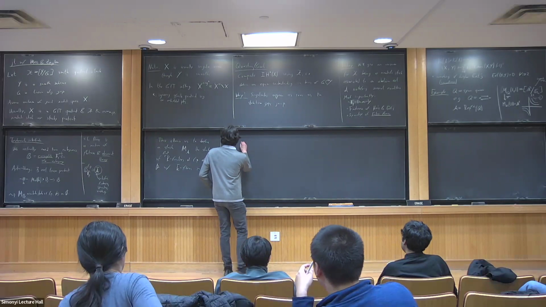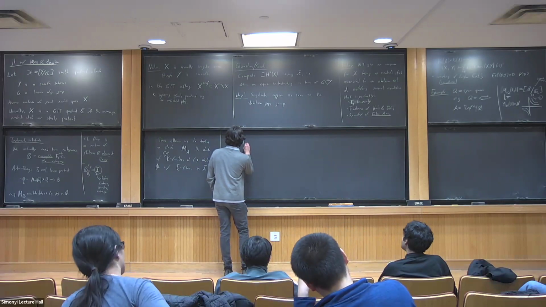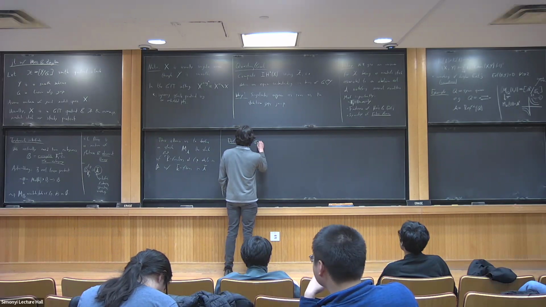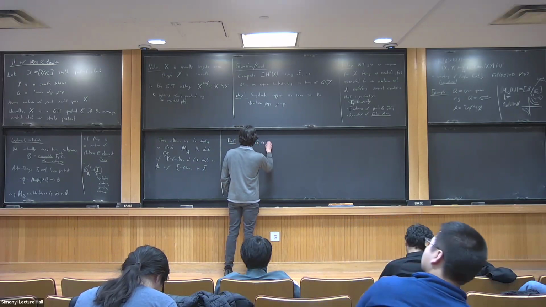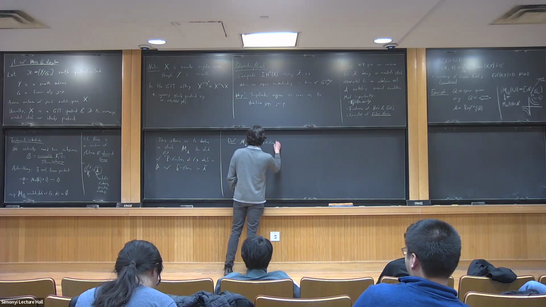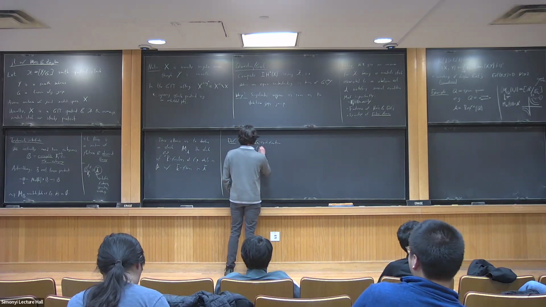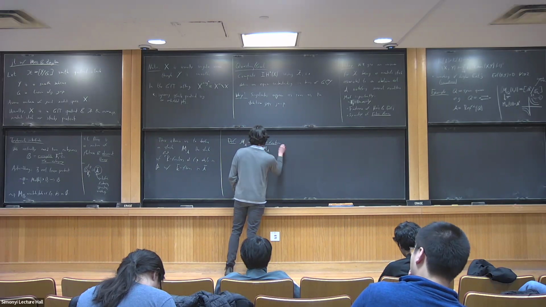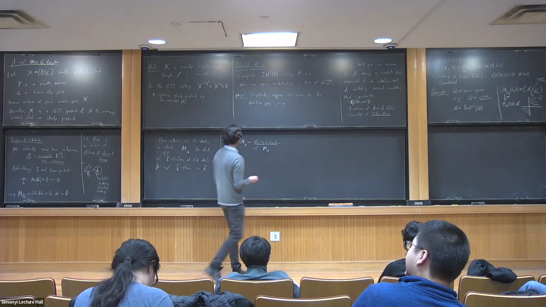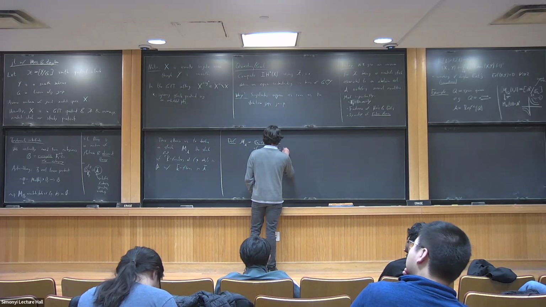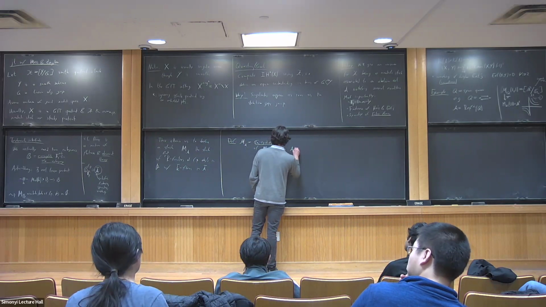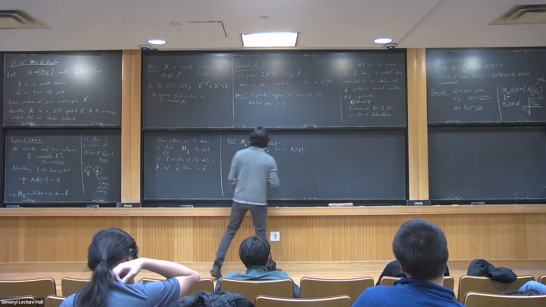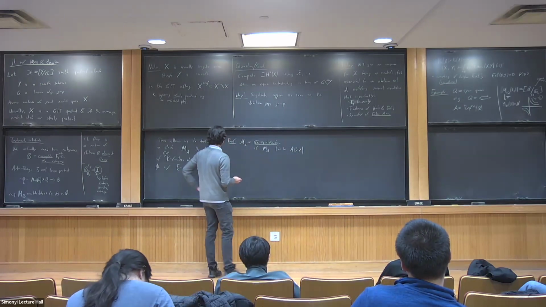So now the next stack I'm going to need is the GM rigidification of MA, just like defined by Abramovich, Olsson, and Vistoli. And so this is the first approximation.